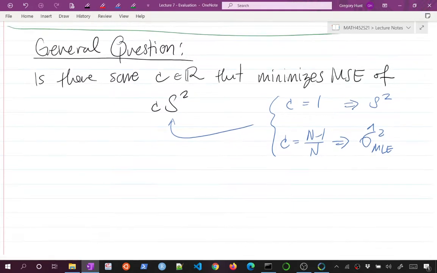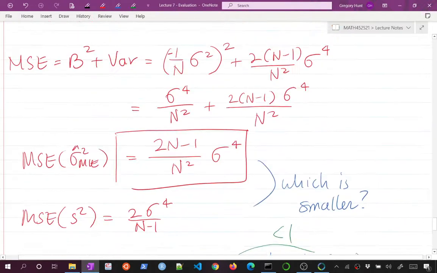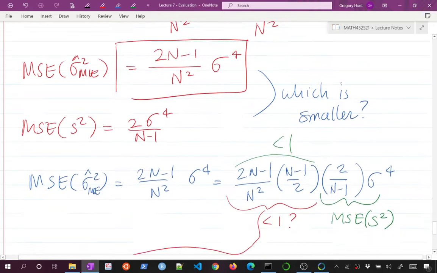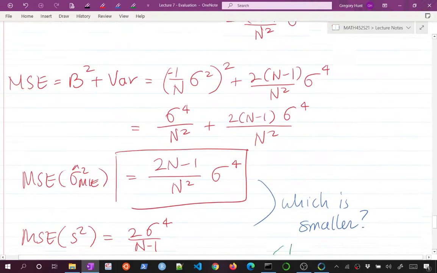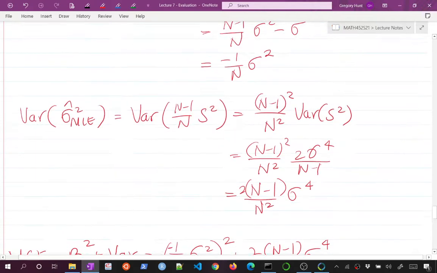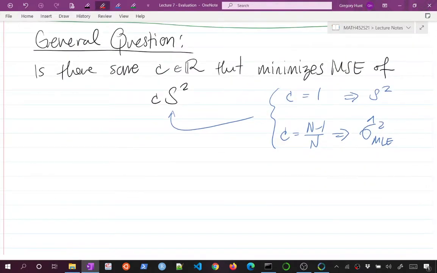It's actually not so bad. Basically we have to replay this problem, but now instead of doing all these calculations where we had n minus 1 over n times s squared, now it's just c times s squared. So let's calculate the MSE of c times s squared.